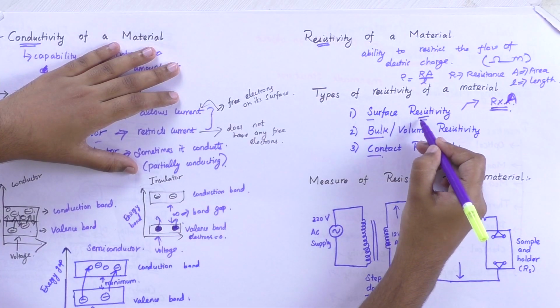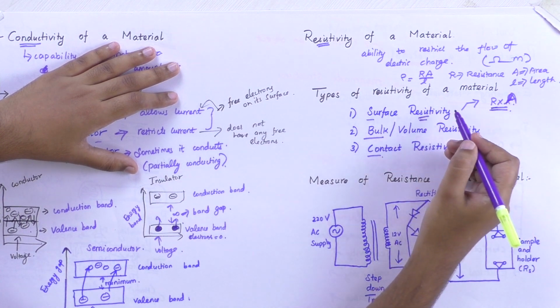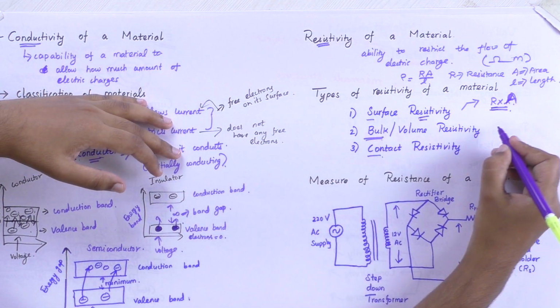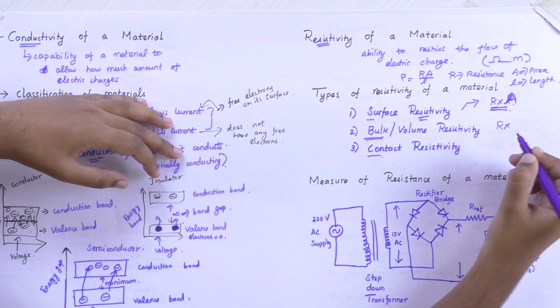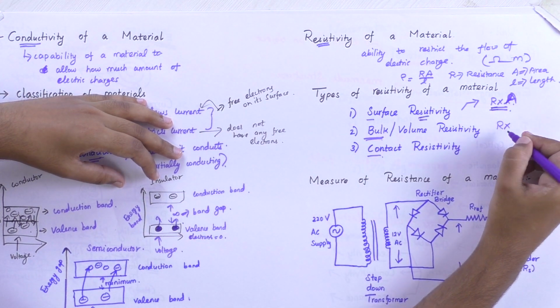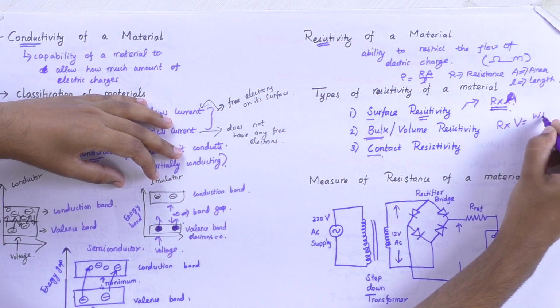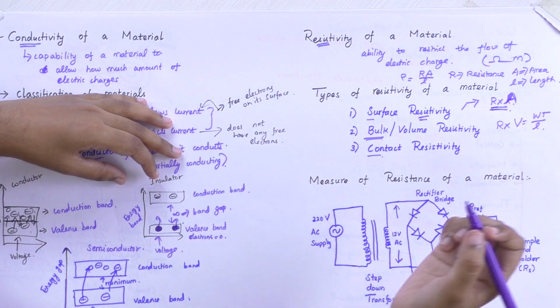Bulk or volume resistivity is inside the material, so we need to calculate the resistance with the volume.